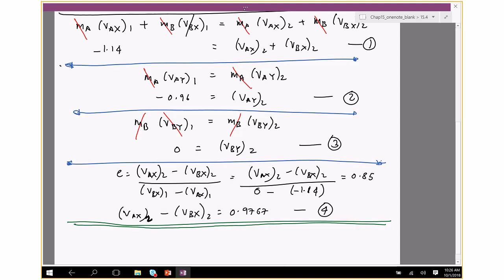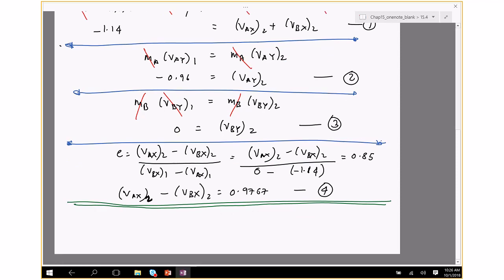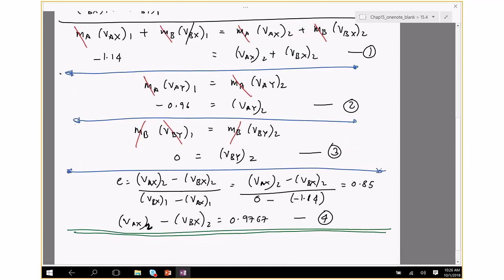And finally, because I have 4 equations, 1 through 4, and 4 unknowns, the velocities of A and B after impact, I can solve for those 4 unknowns. So this is just a math problem. 2 and 3 actually give me the velocity of A in y. I just need to solve for the velocities of A and B in the x direction. Essentially, it boils down to solving 1 and 2.